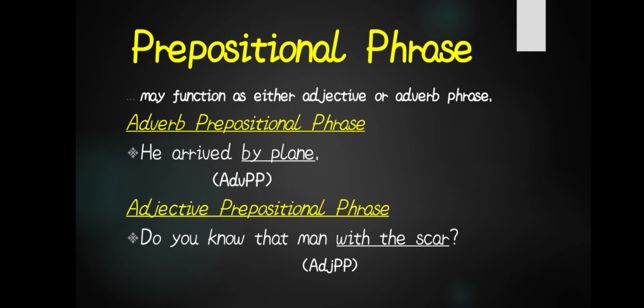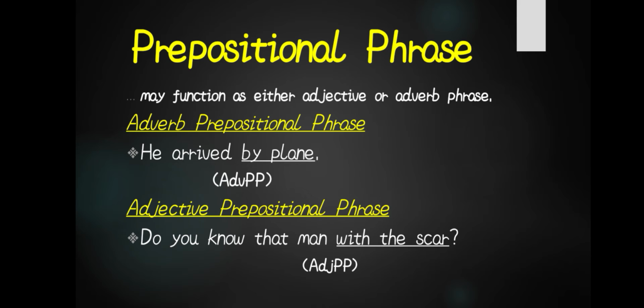Ang gibuhat ni by plane diri, gimodify niya in what way ang action gibuhat. Okay, how the action is done. So, di ba pag ang i-describe sa word or phrase kay action, that is under adverb. So, since action man niyang gi-modify, ang tawag niya is adverb prepositional phrase.